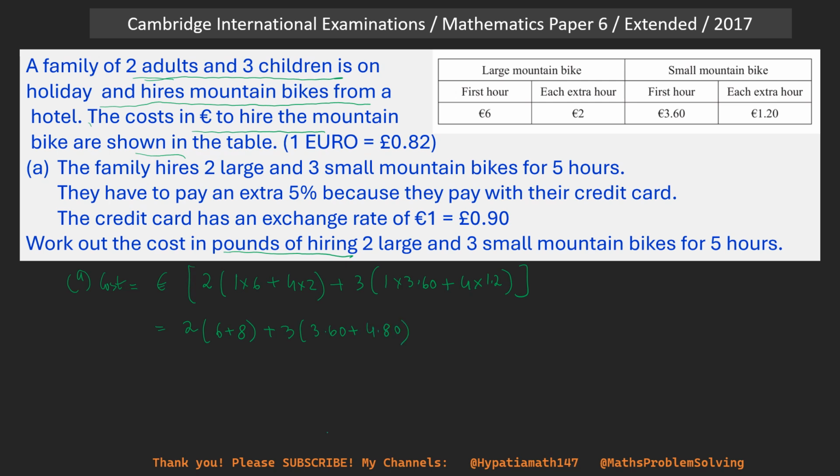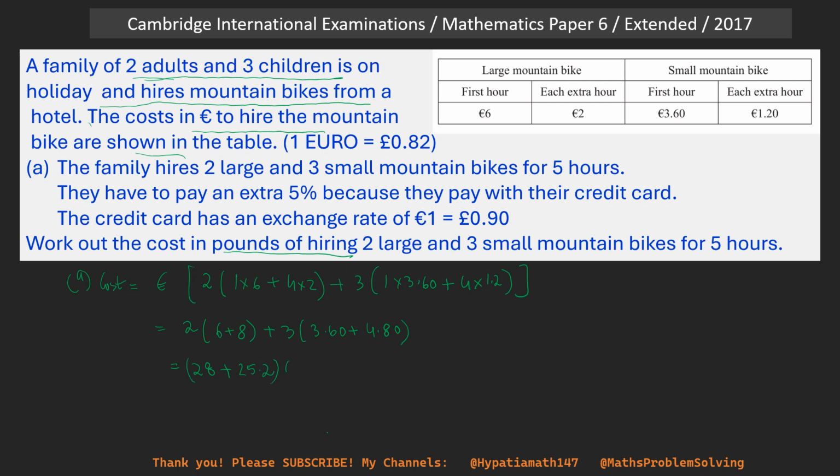So then I get 14 times 2 is 28, plus 3.6 plus 4.8, that is 8.4 times 3, which is 25.2.